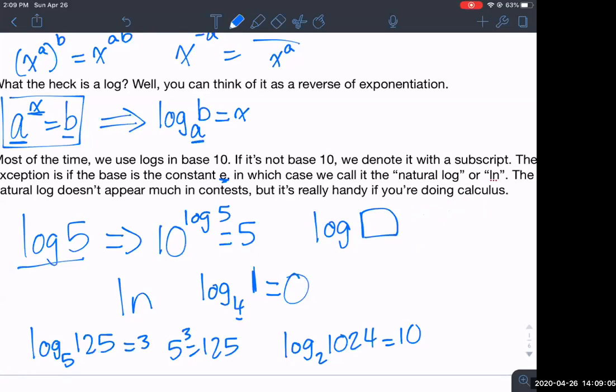And then one more example: log base 5 of 1 over 25.